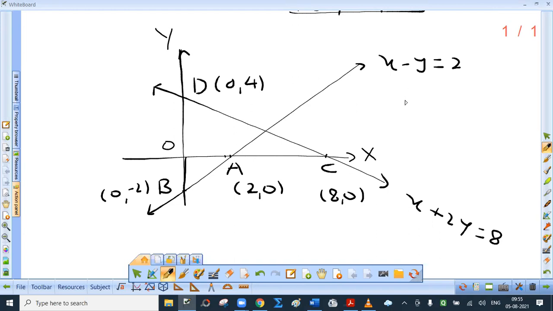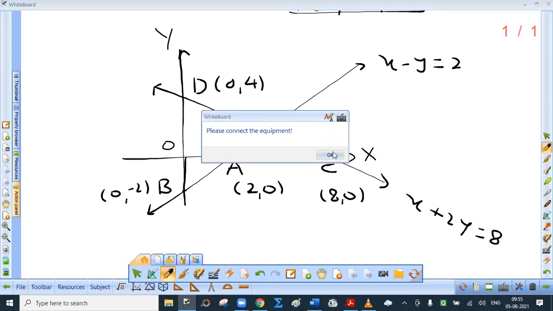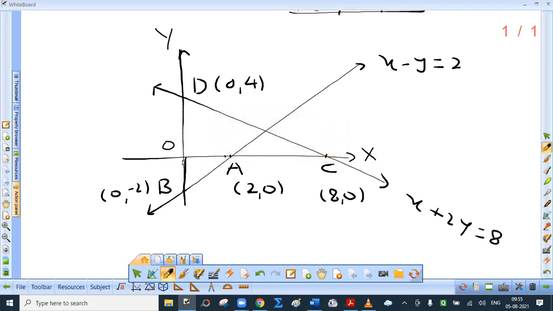Okay. Now, next important task is which region is to be shaded. Now consider first inequation, x minus y less than or equal to 2. Basically, both lines are not passing through origin. So check with (0, 0). 0 minus 0, 0. Is 0 less than 2? Yes.